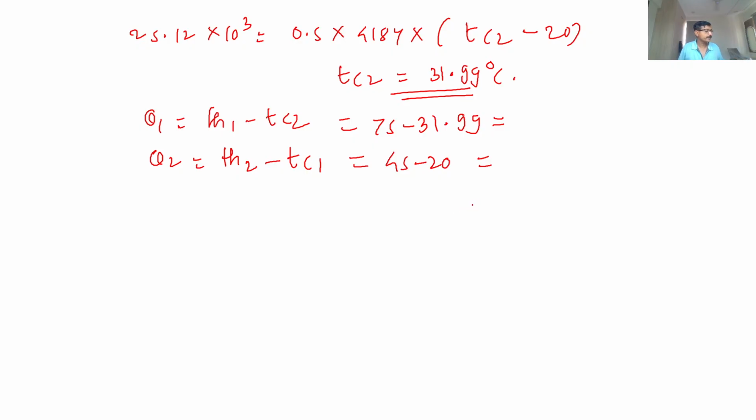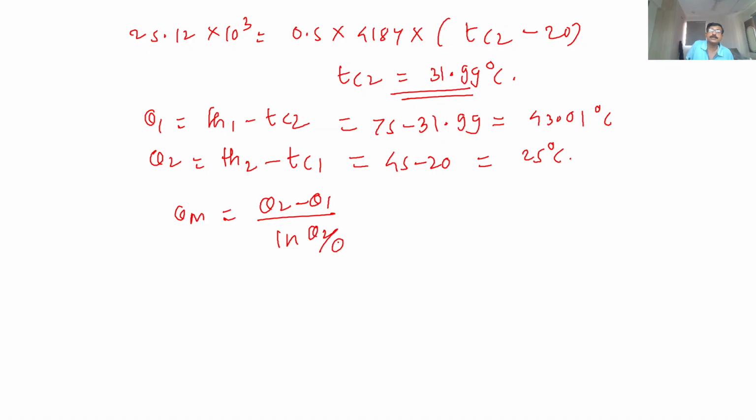75 minus 31.99 comes around 43.01 degree Celsius, and 45 minus 20 comes around 25 degrees Celsius. So how to calculate LMTD from theta 1 and theta 2? Theta 2 minus theta 1 divided by natural log of theta 2 by theta 1.